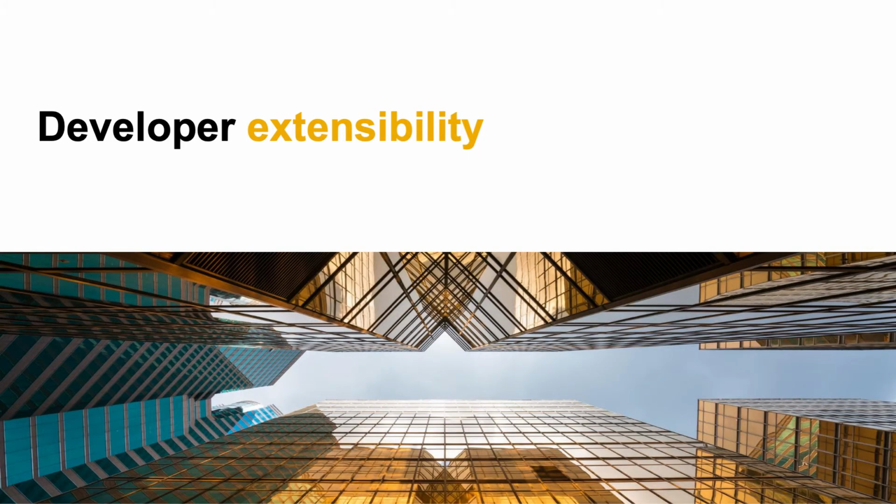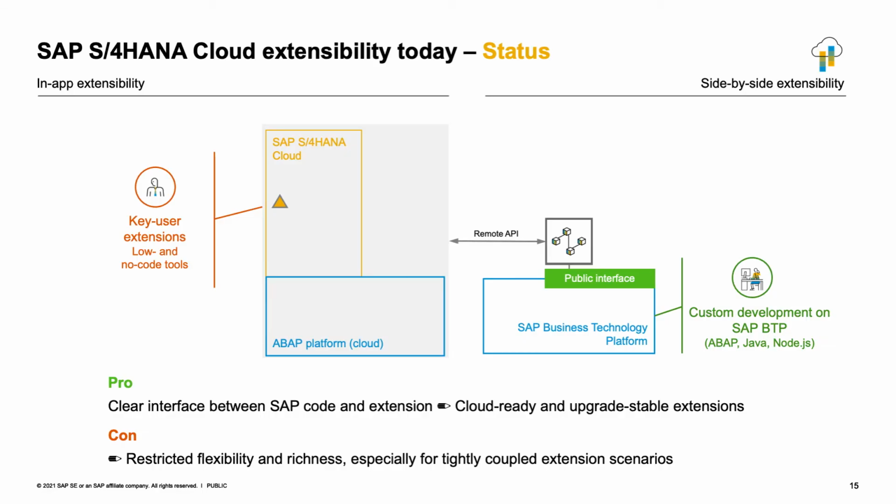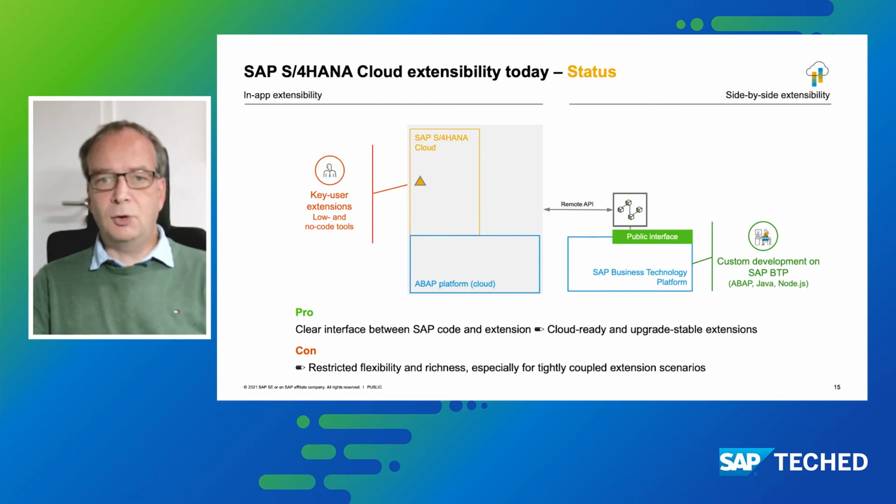Now, the situation is the following. If you look at the pros and cons of these two approaches, we can say, yes, we have a clear interface between SAP code and custom code, partner code in both cases. So we have reached a cloud-ready, upgrade-stable extensibility with some buts or some cons. So the key user extensibility as a low-code, no-code extensibility does not have the full flexibility and the full power a developer might need to build more complex extensions.